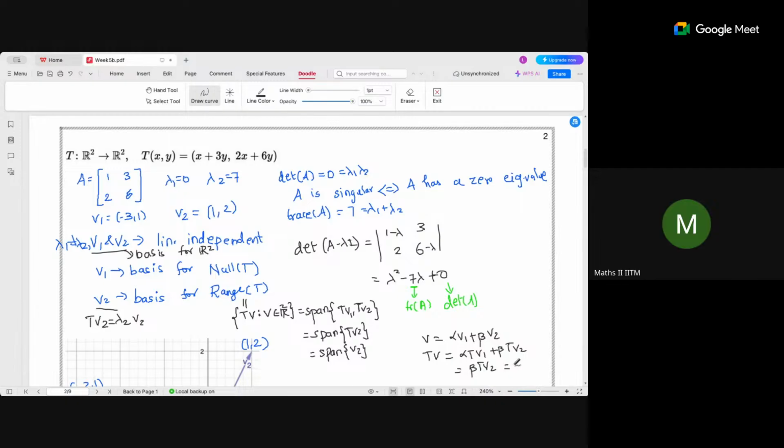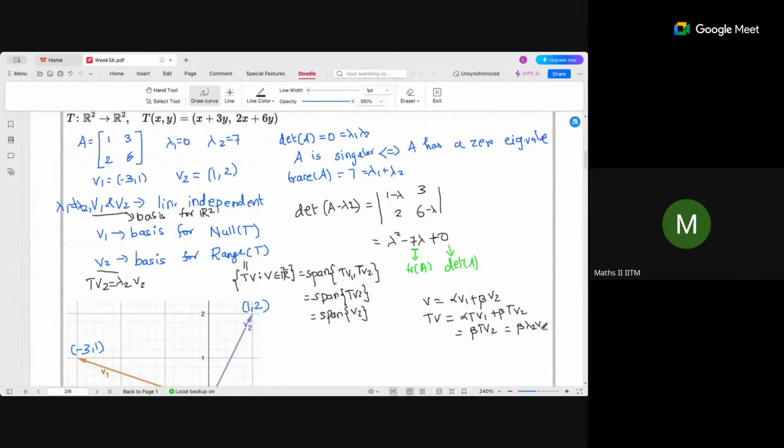And beta TV2 is nothing but beta lambda 2 V2. So it is just a multiple of V2, right? So this belongs to span of V2. Is that clear now?